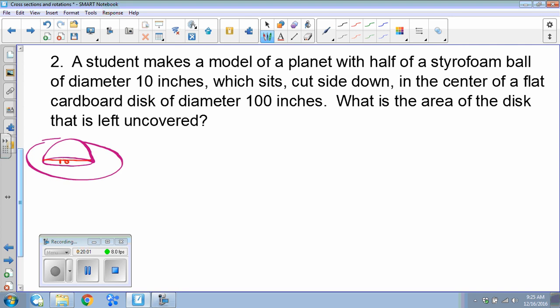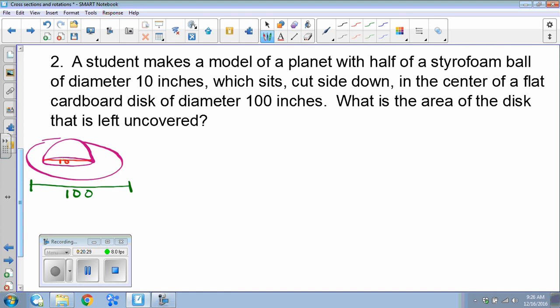And it says in the center of a flat cardboard disc of diameter 100 inches. So from here to here, that's 100 inches. The disc is a lot bigger than the circle. It's like a science project. What is the area of the disc that is left uncovered?